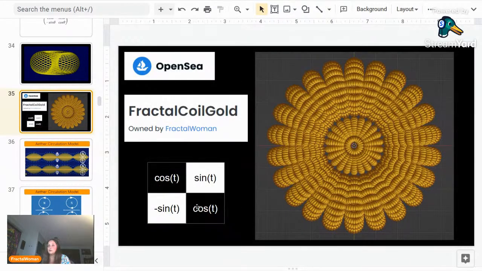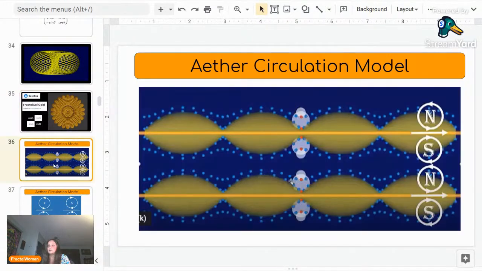So using this simple formula, I was able to generate this very complicated animation, which was a model, not really a simulation, of Yonel-Dinyu's ether circulation model, where he uses the electrogen and the ether. The electrogen is like the air and the ether is like the water.